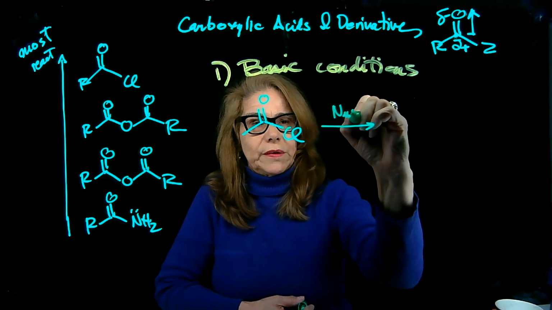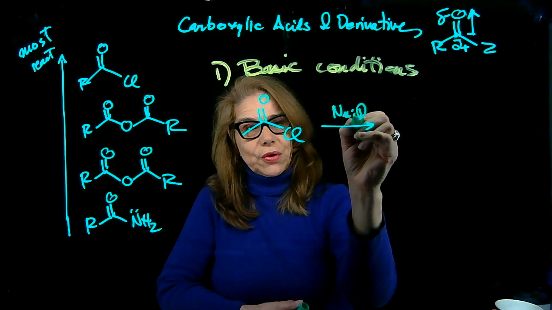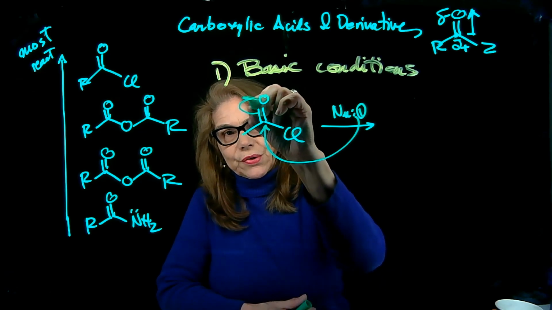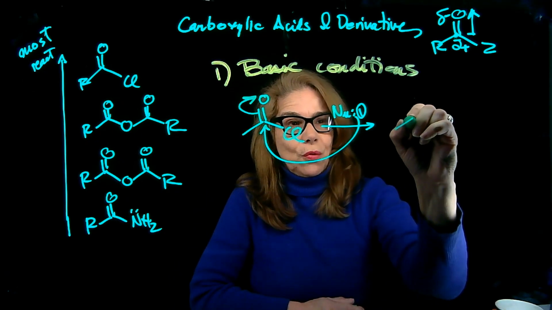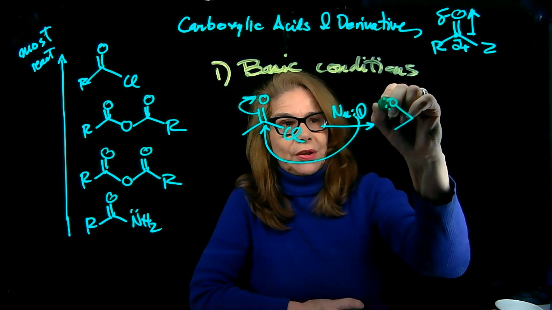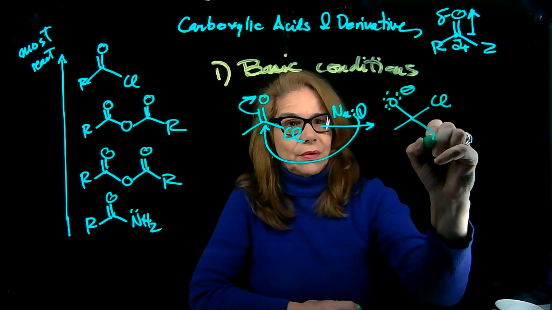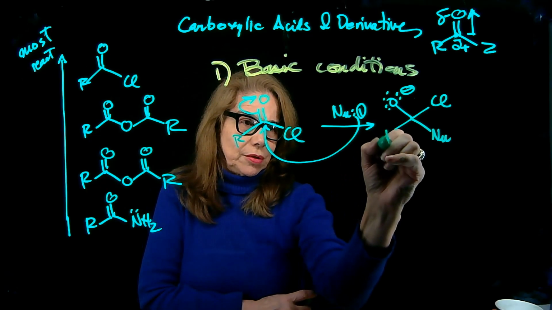Typically, we will have strong nucleophiles like that. So the first step that you're going to have is a nucleophilic attack over to the carbonyl carbon. That will form what we call a tetrahedral intermediate. Here you're going to have the nucleophile.